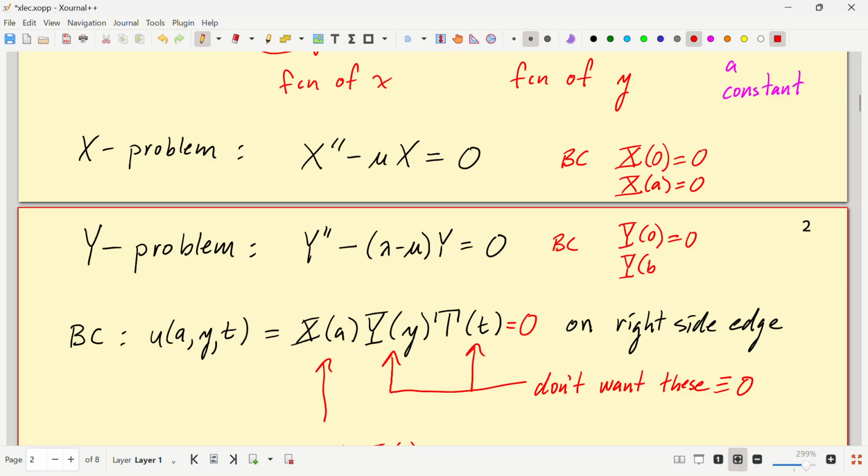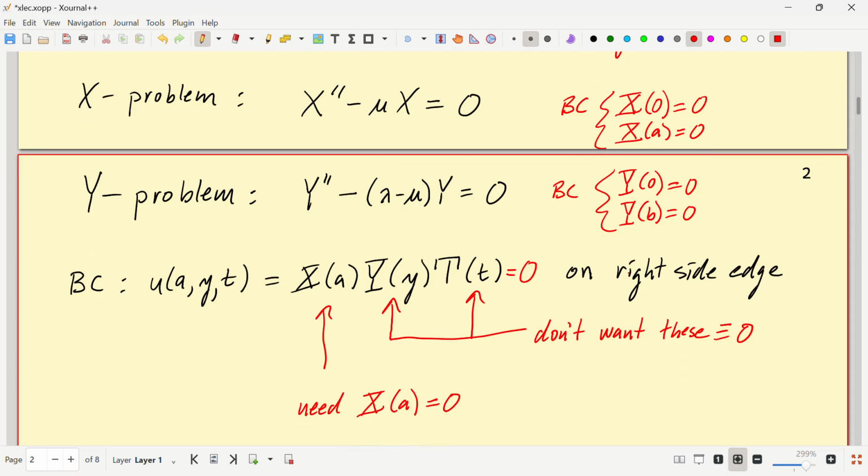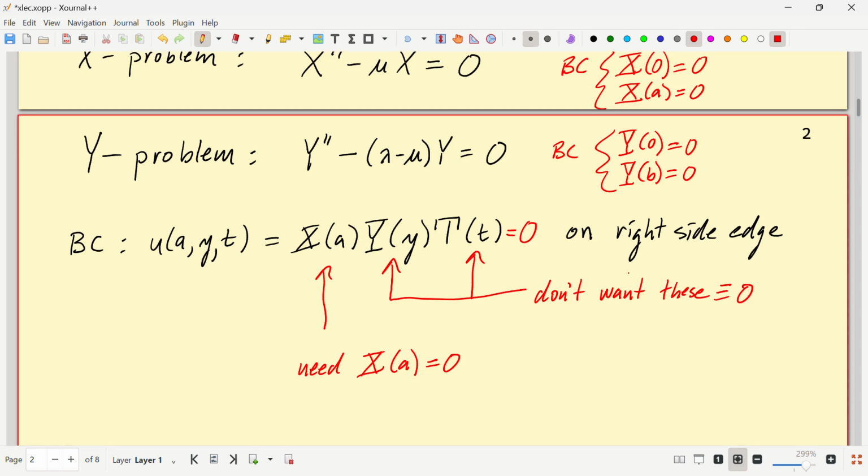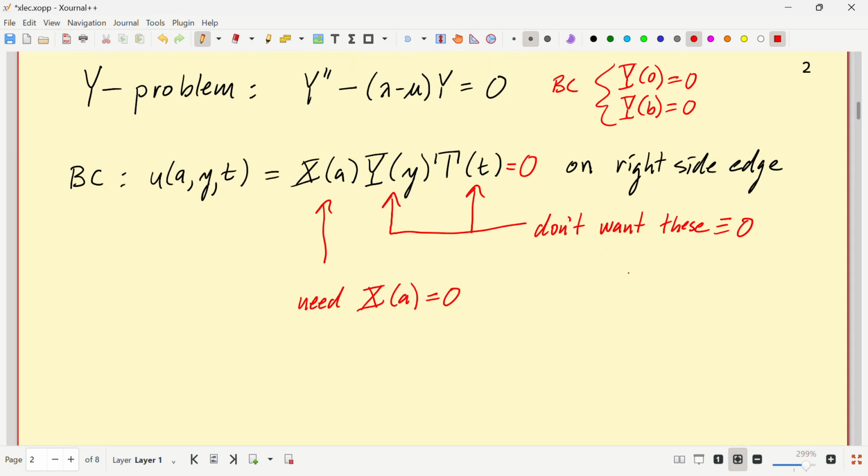Those are very familiar problems. The x problem looks the cleanest, so let's just do it. We know that that's just Fourier series. In fact, it's the Fourier sine series, so we've done all the work already.